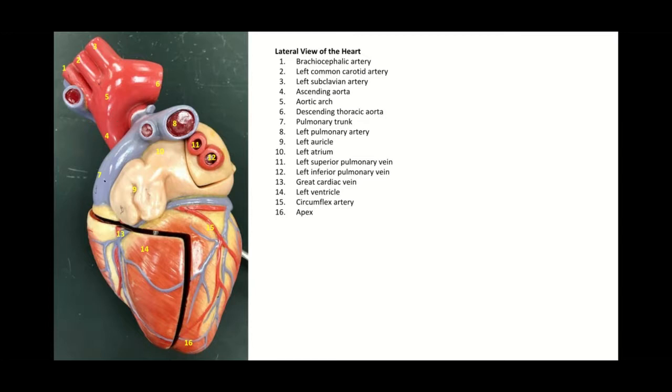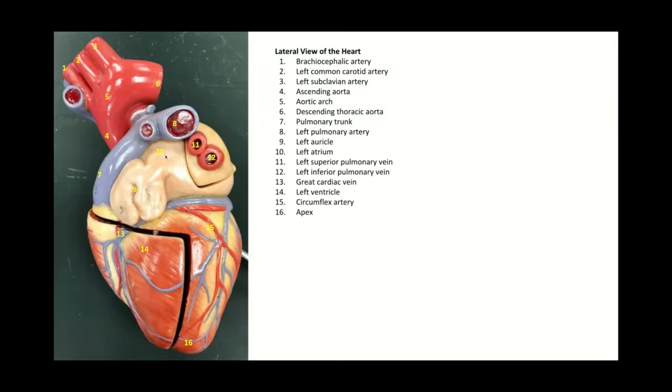Then you can see number 7 here. Number 7 is the pulmonary trunk, and the pulmonary trunk makes 2 branches, and you have number 8 because we can see only the left side or the lateral side of the heart, and number 8 is the left pulmonary artery.